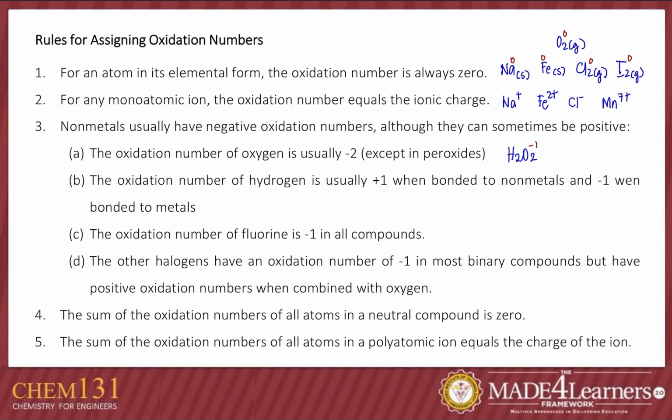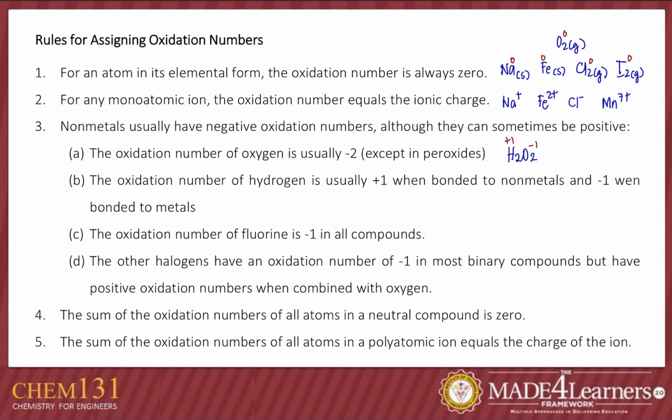So like for example here, oxygen is a non-metal man. So meaning si hydrogen mo positive 1. Positive 1 when bonded to non-metals. So si hydrogen dire is positive 1. Okay? Pero kung ang pares pa niya dire kay metal, so negative 1 ni si hydrogen.